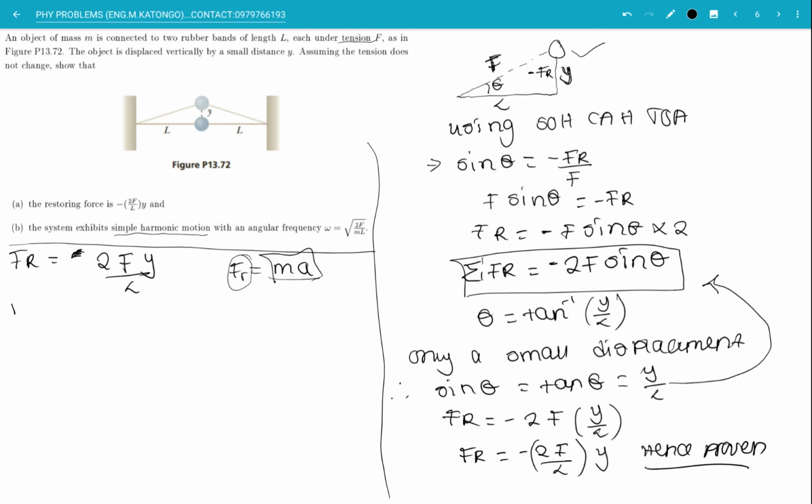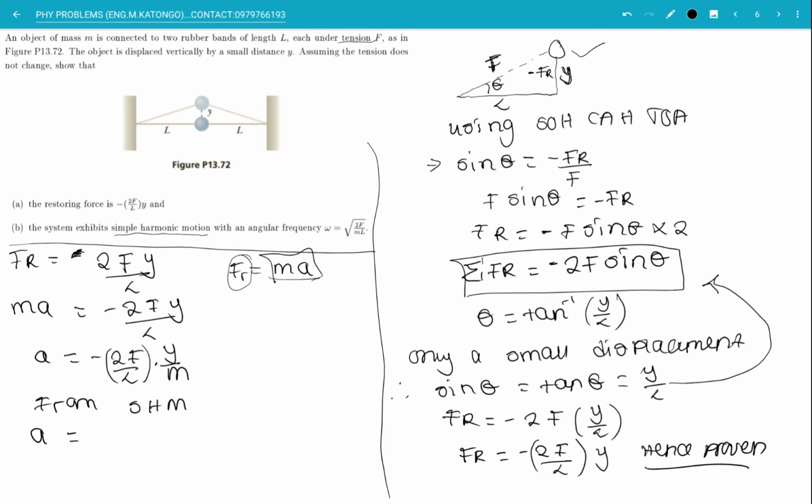Therefore we'll say MA is equal to negative 2Fy over our L. Making A the subject of the formula, we'll definitely have our acceleration A is equal to negative 2F over L, y over M. Now, from simple harmonic motion, we know that our acceleration is equal to negative omega squared times that of the amplitude.